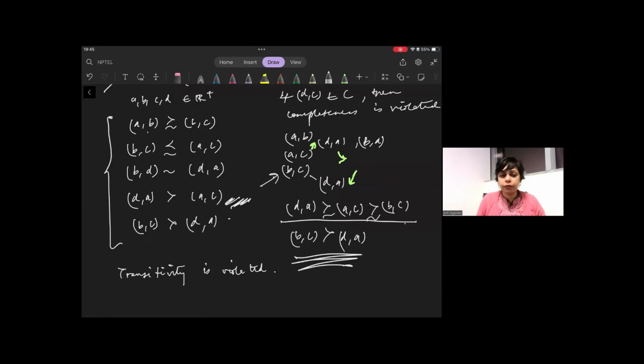There is no preference mentioned for D comma C, right? If nothing is given about whether you like it more or less than something, how can you decide when somebody will choose D comma C and when they will not? Completeness means that each element in that particular set is given some preference ranking or preference relation.